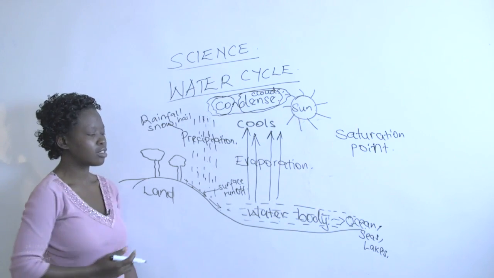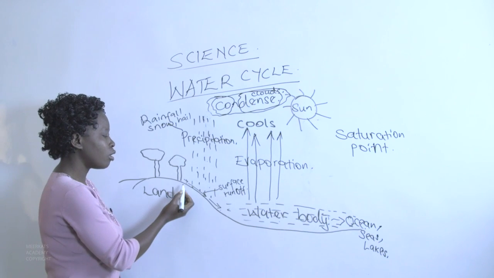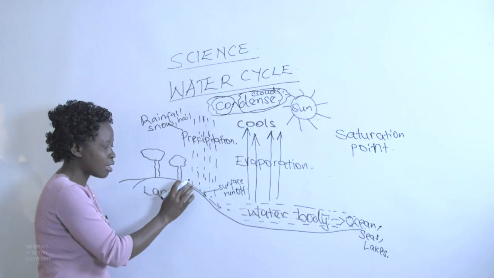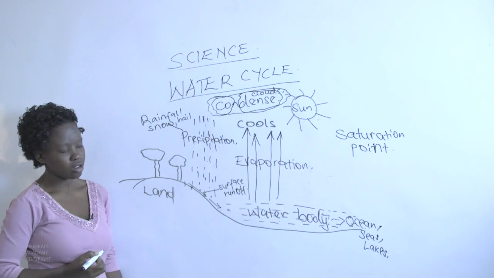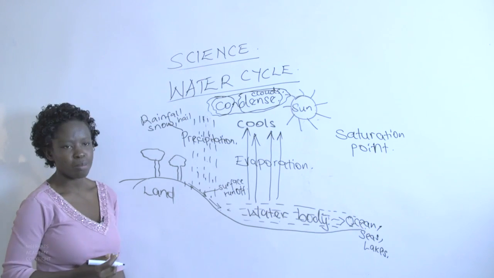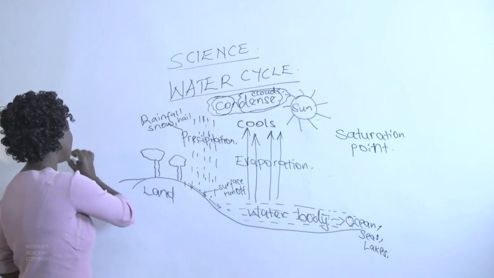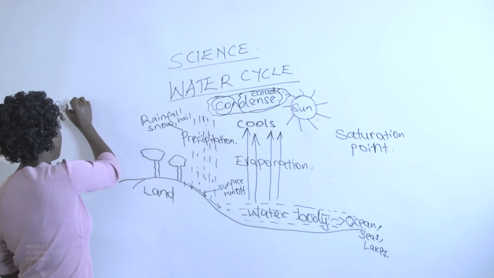So once the water reaches the earth's surface, we are having surface runoff, or alternatively, it can fall on a surface that has cracks on it, or the rock material is permeable. By permeable rock material, we are simply referring to a material that can allow water to seep through it.